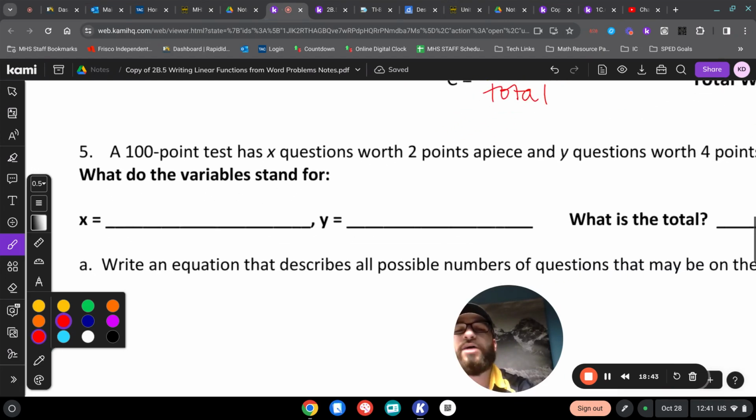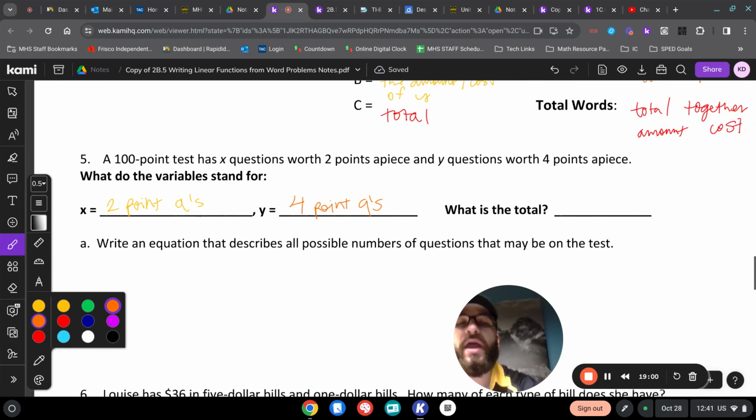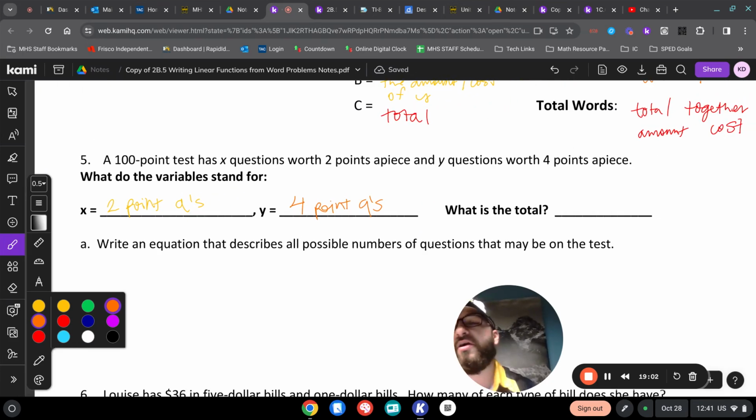So our X are our 2-point questions, and our Y's are our 4-point questions. And our total, all together with our X and our Y questions, is a 100-point test.